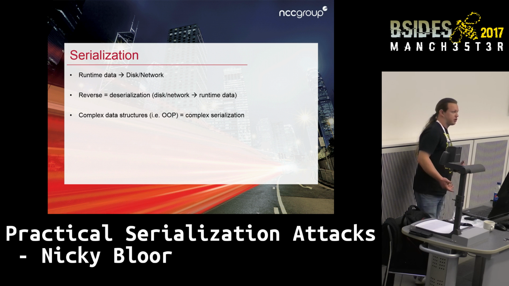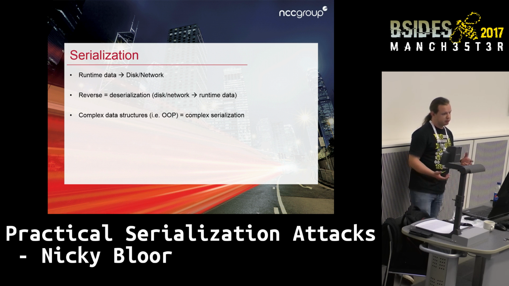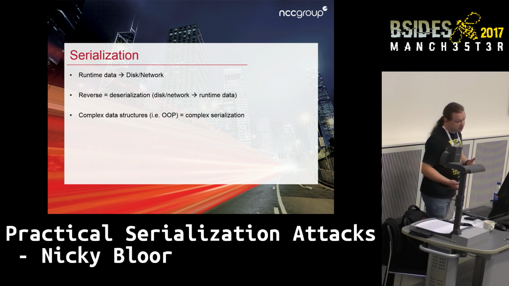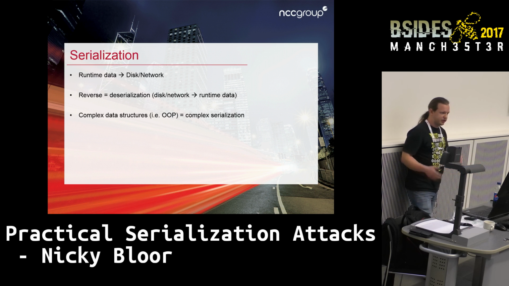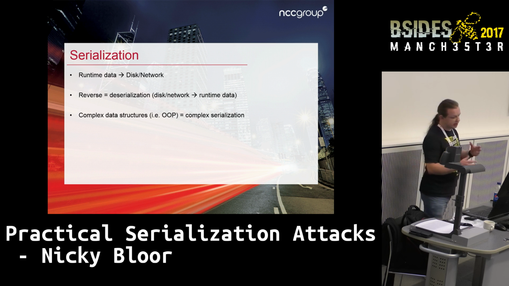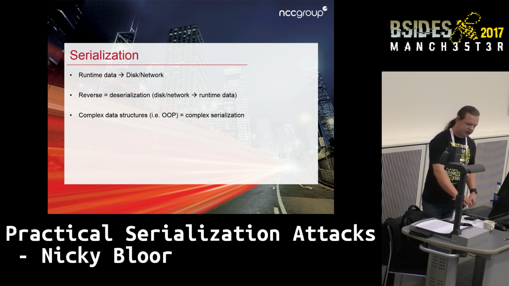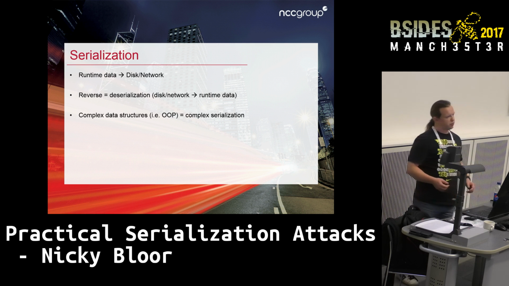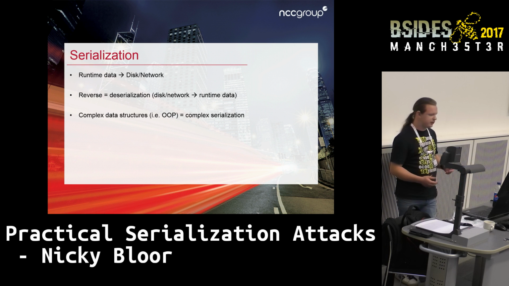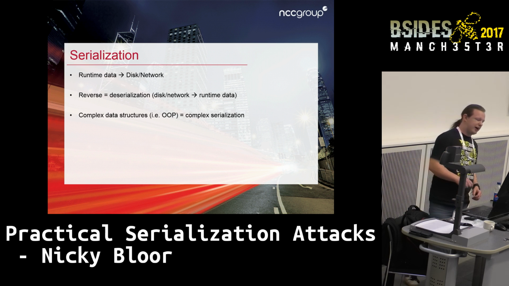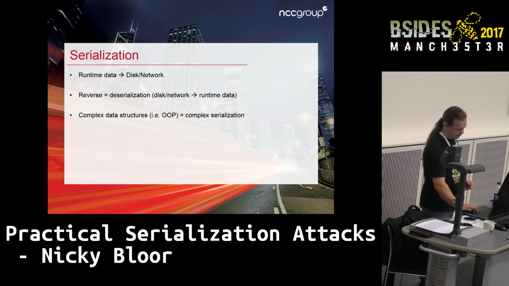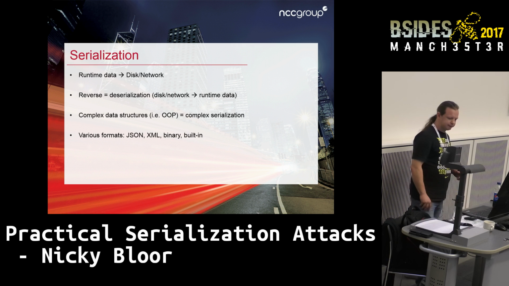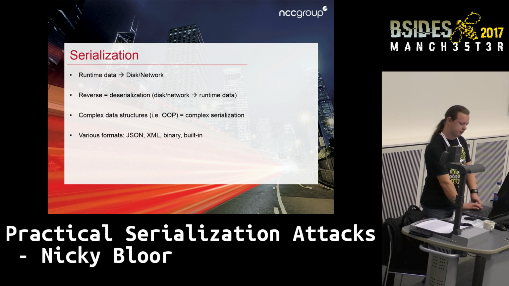The more complex the data structures are, so if we're using a language that supports object-oriented programming, the more complex the serialization process needs to be to turn arbitrary data structures into a byte stream and back. And the more complex the serialization process is, the more scope there is for vulnerabilities, things to go wrong. There's no fixed format for serialized data.